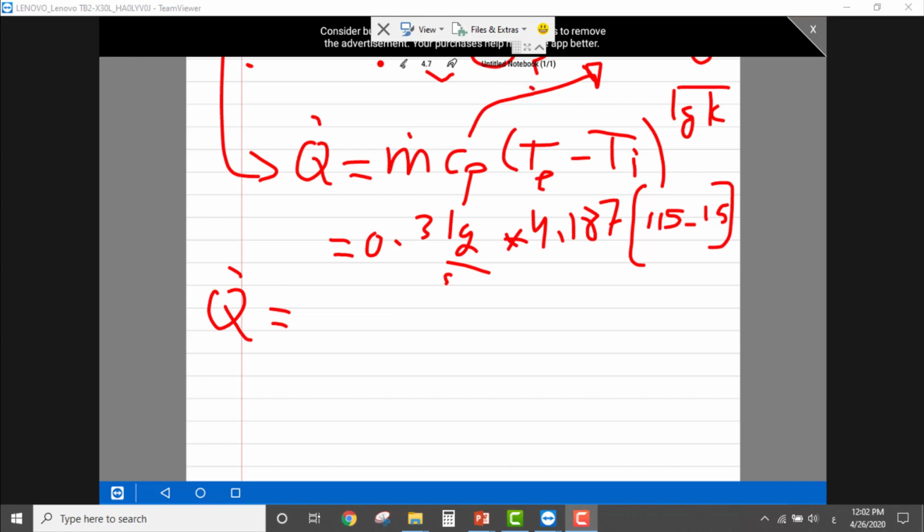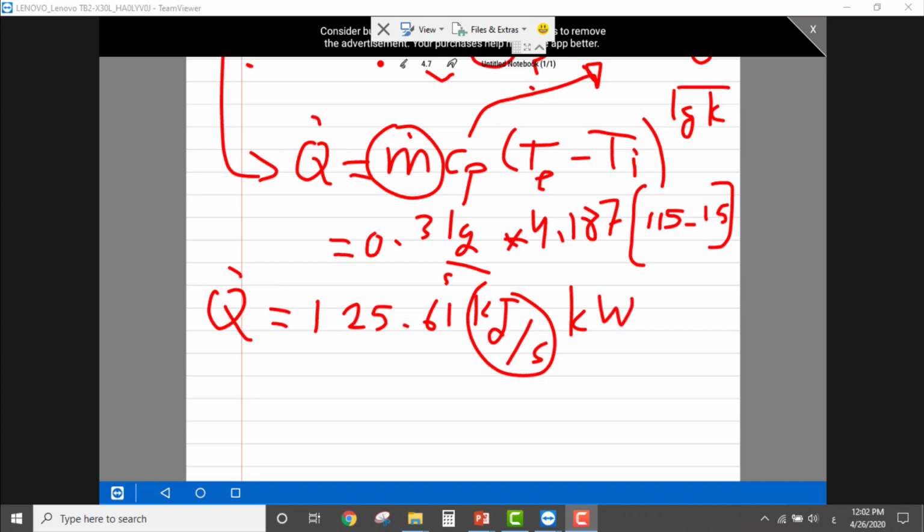So 115 minus 15 multiplied by 4.187 multiplied by 0.3, which is equal to 125.61 kilojoule per second, so I can write kilowatt instead.